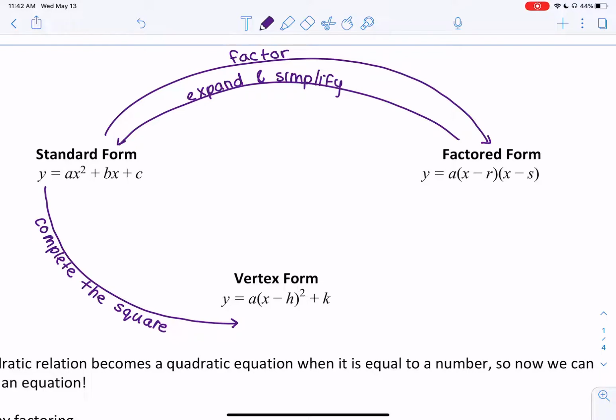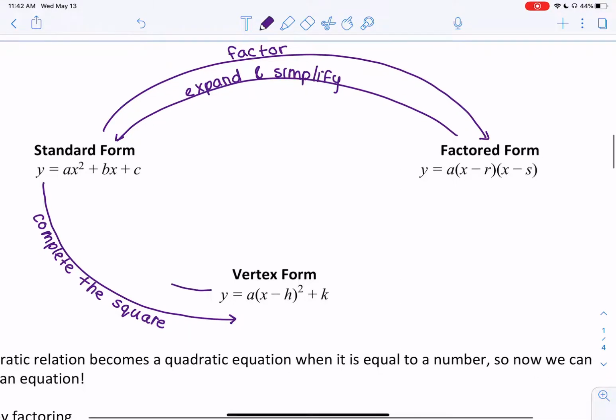So that's how I go from standard form to vertex form. And then if I want to go from vertex form to standard form, I'm just going to multiply out that bracket and expand it all and simplify again. So again, I just expand, and simplify.